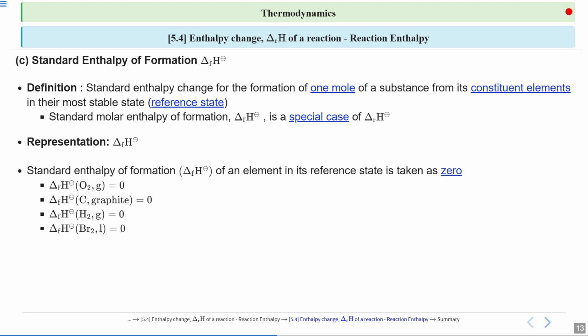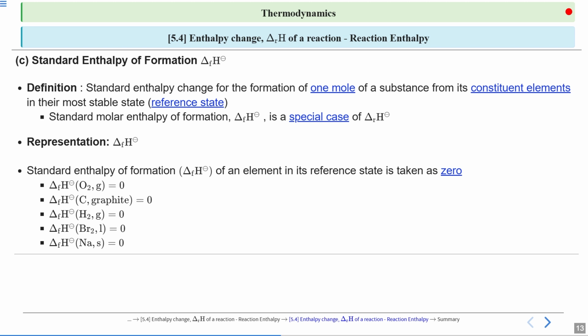After that, we have bromine. Why have I written bromine here? Because most of you would think that it is a non-metal, so it will have a standard state in the gaseous phase. So it is not true. Bromine has a standard state in liquid, and therefore only for liquid bromine we have the enthalpy of formation as 0. Lastly, if you consider the sodium metal, then sodium is present in the elemental form.